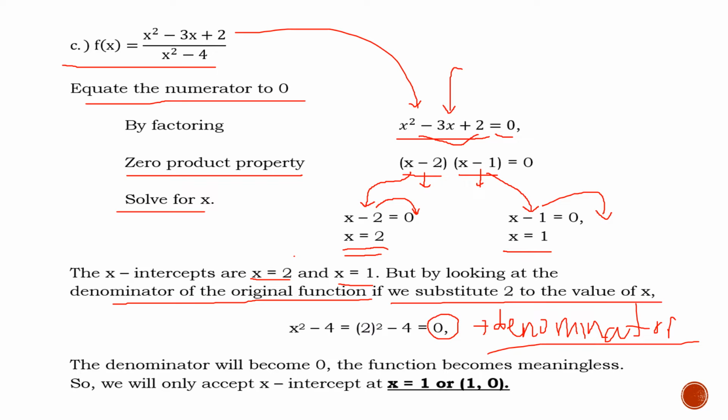So in a rational function, we should check first if a value of x can make the denominator equal to 0.